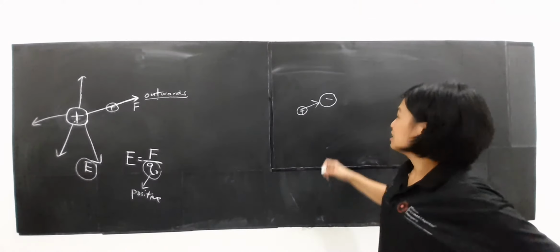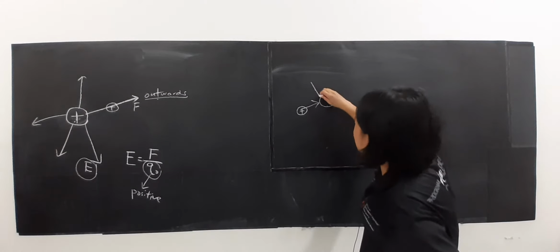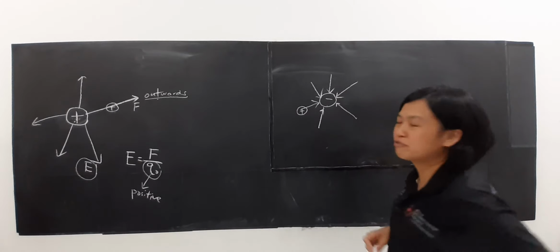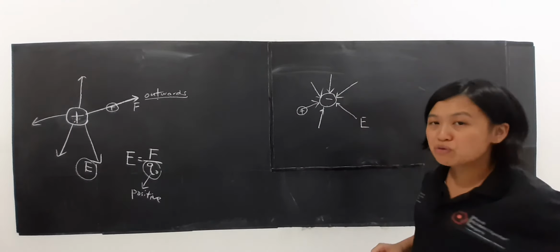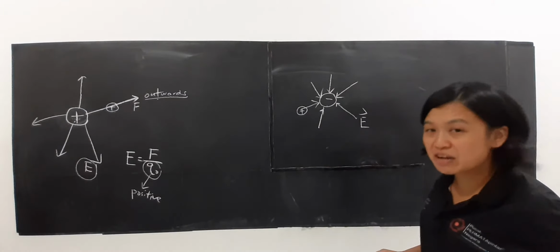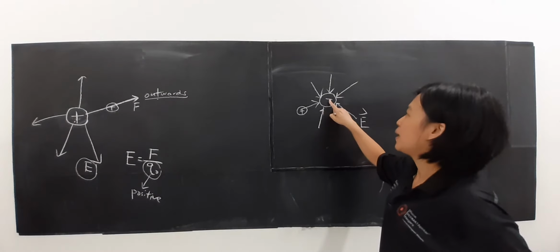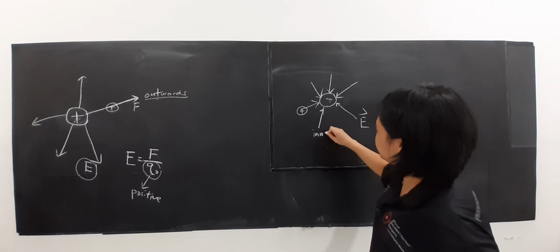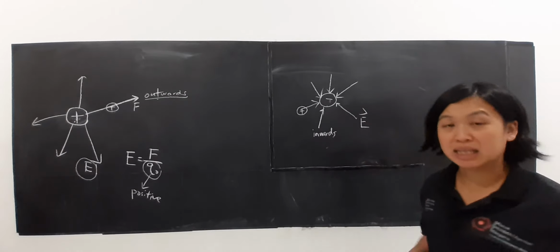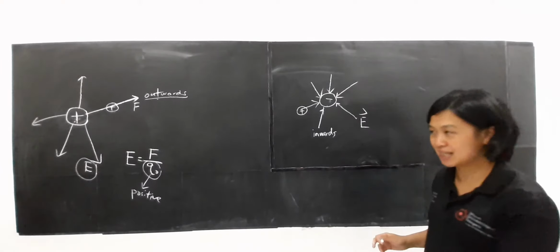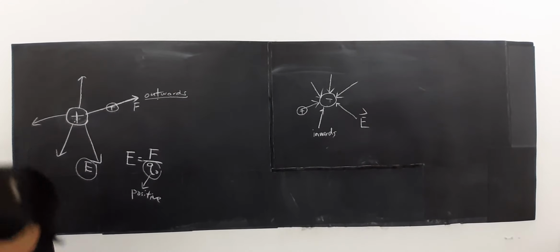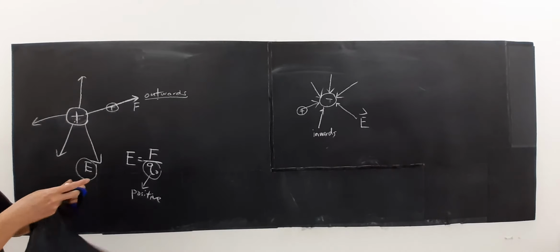So this direction indicates the direction of the electric field. You find that the electric field for a negative point charge will be going in. So this is the basic. We have already recapped.